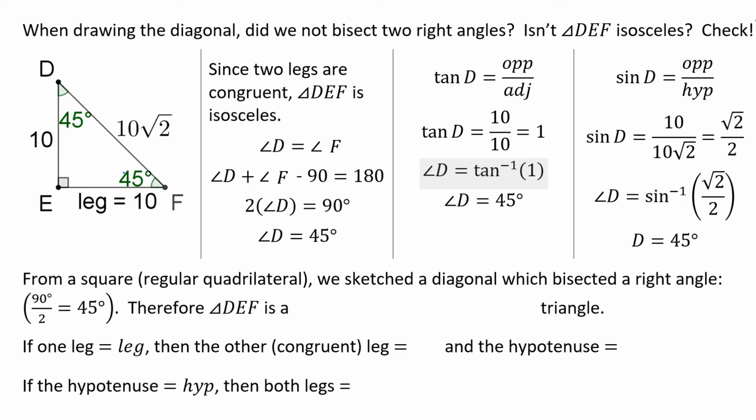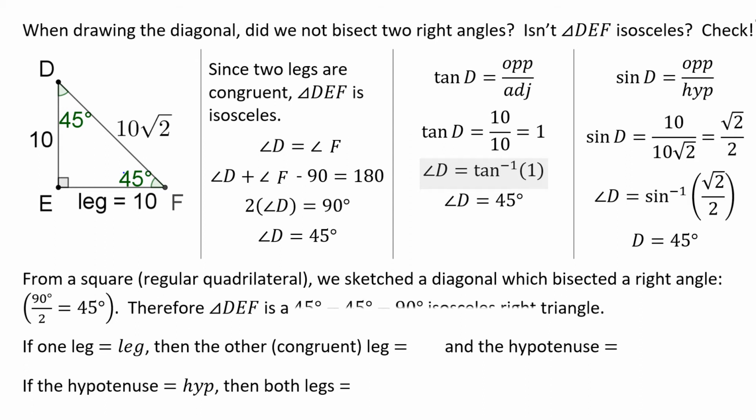Throw that into your calculator with the inverse sine, and you'll also find that it's 45 degrees. Again, not to say that you have to do this 3 different ways, but it's just affirming that multiple methods are possible. So from a square, a regular quadrilateral, when we created the diagonal and bisected the right angles, we found out that they were 45 degrees.